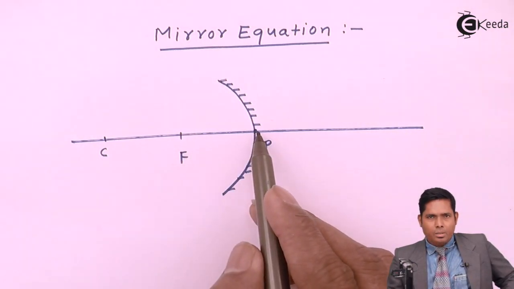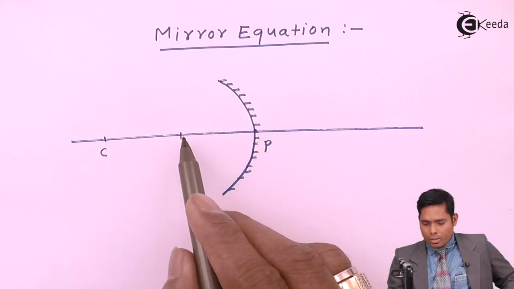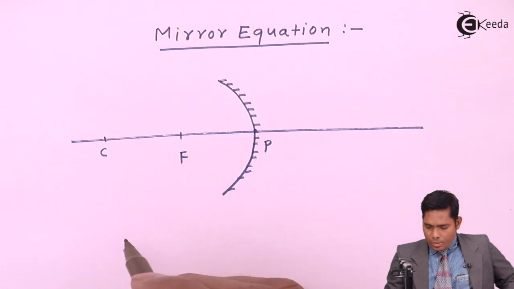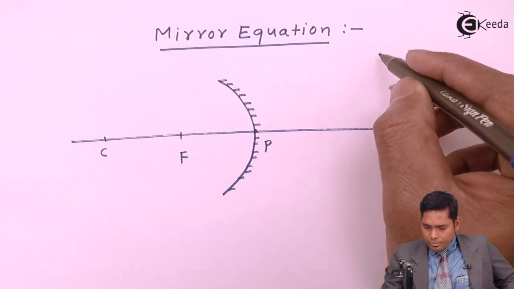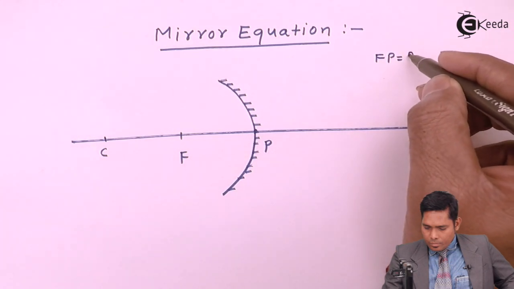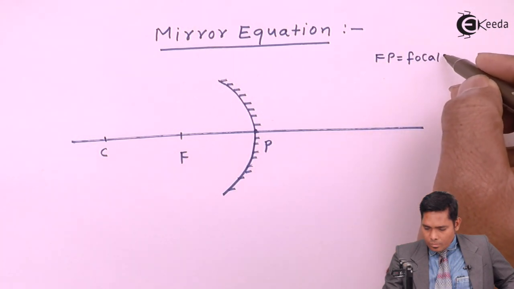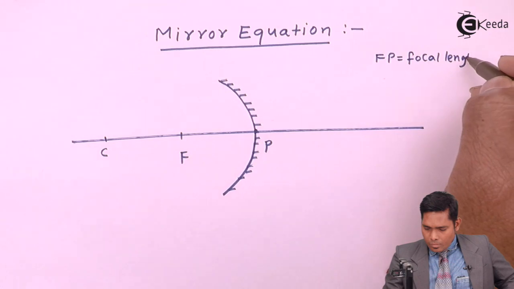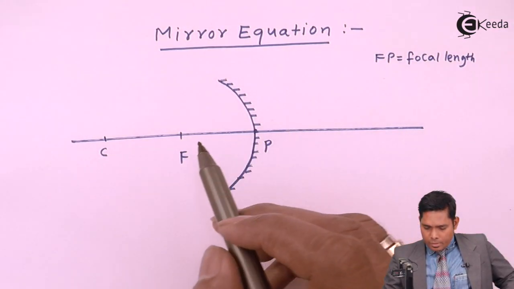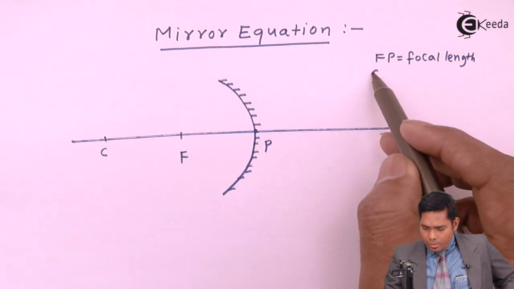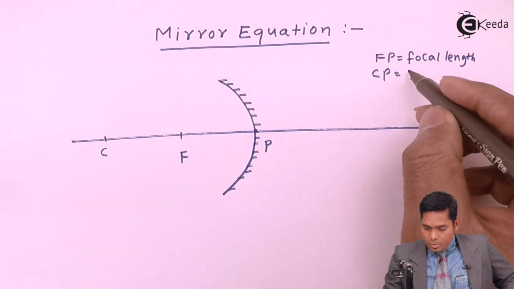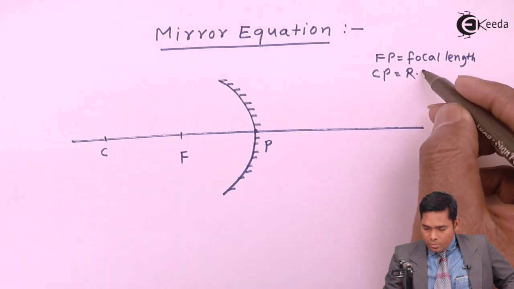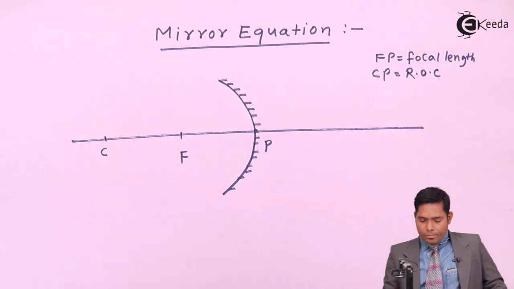This distance FP is called the focal length. So F is the focal length, and CP is called the radius of curvature.